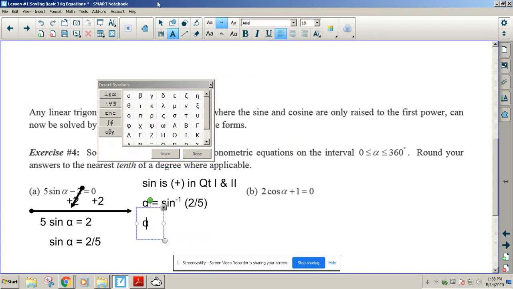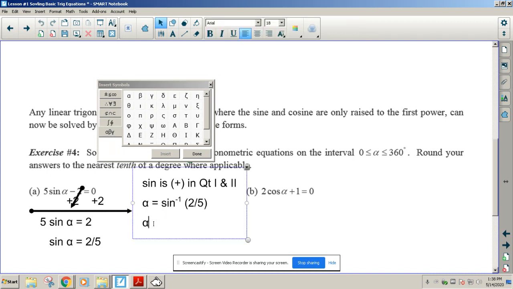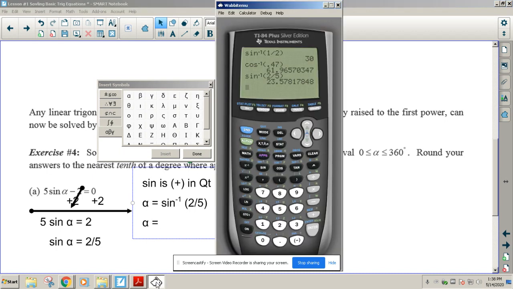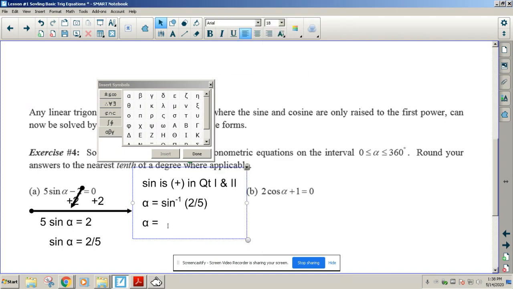So this now tells me that this is equal to 23.6 degrees. And that would be in quadrant 1.